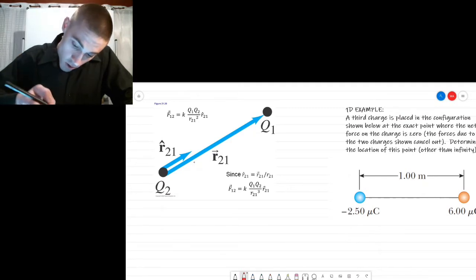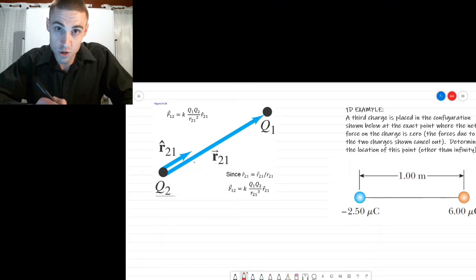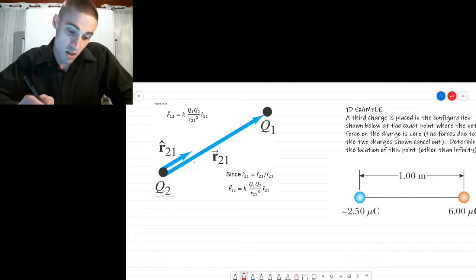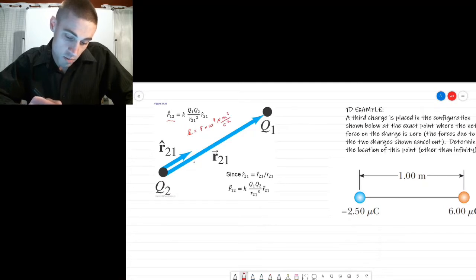All right, so the Coulomb force describes the force between two charged bodies. If you have a charge q1 and a charge q2, then the vector form of Coulomb's law tells you that the force exerted on q1 by q2 will be equal to k, the Coulomb constant, which is 9 times 10 to the 9th Newton meters squared per Coulomb squared, times the product of the two charges, q1 and q2, divided by the distance between them squared.